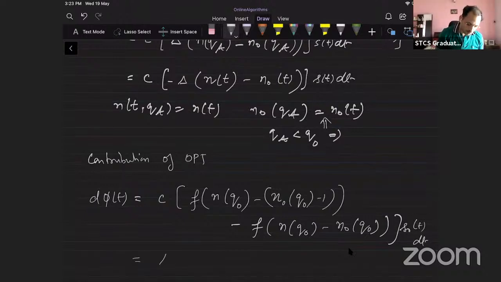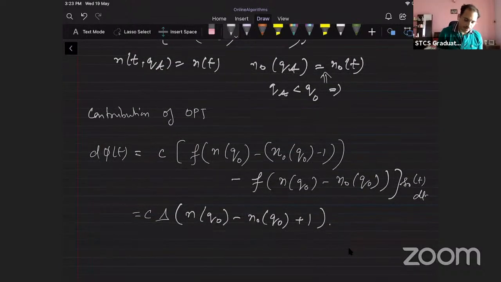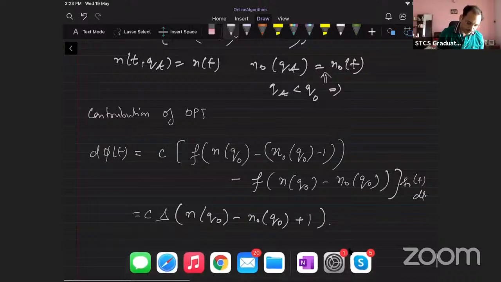So this is now positive delta times C times n of Q0 minus n0 of Q0 plus 1. This is just by the definition of delta, which was phi minus 1.